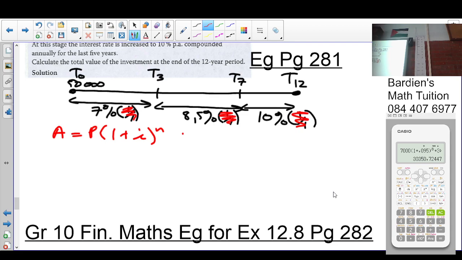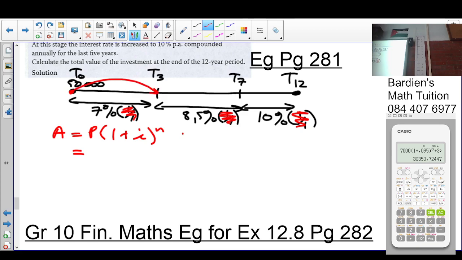Right. Here we go. So we go 50,000. What's going to happen to 50,000? Can I take it straight to the end? No, why not? There's interest rate changes. Can you see that, people? What I do is I say, okay, what happens to 50,000 rand?